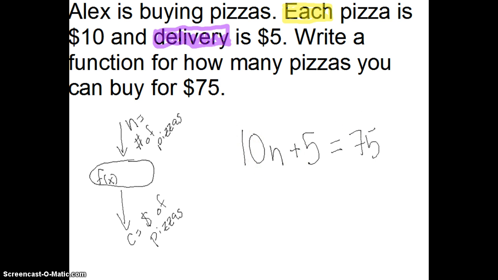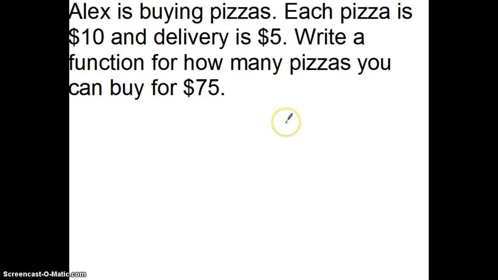Let's just pretend that I hadn't talked to you about the equation of this at all. You know that if each pizza was $10 and delivery is $5, you know how many pizzas you can buy for $75. So it would be $5 once for the delivery, and then 10 for a pizza, 10 for a pizza, 10 for a pizza.